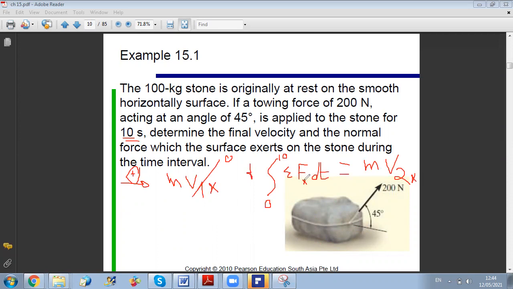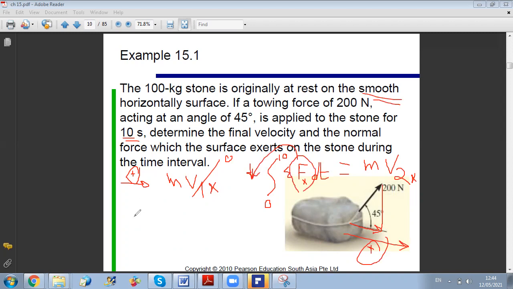So now the only force acting, since no friction, because they said it's a smooth surface, is in the x direction: the projection of the 200 Newton force. It's a positive value because it's a positive impulse, since the force is acting in the positive x direction. And since it's a constant force, you can take it outside of the integration.